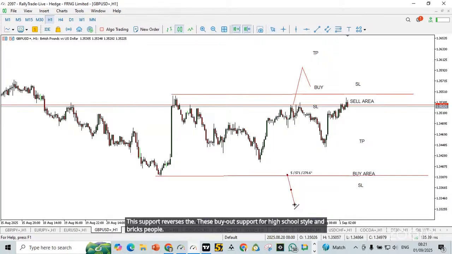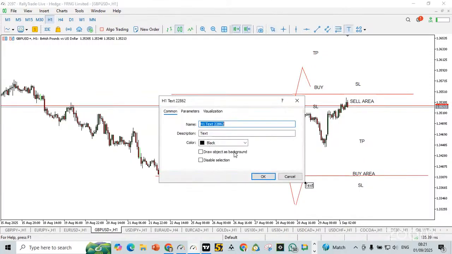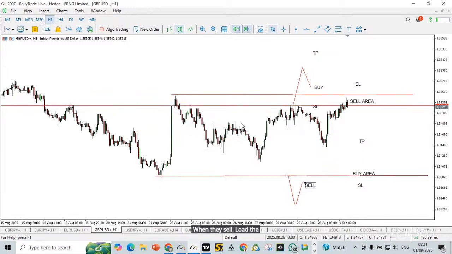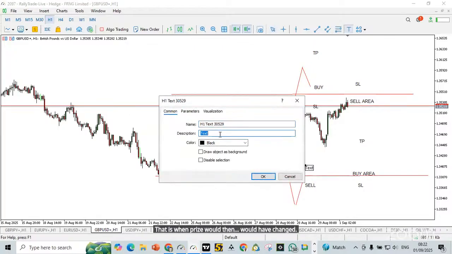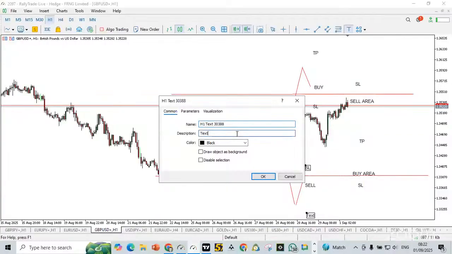Your re-entry module is as simple as a break and retest below, for you to then go on the sell and sell below the broken support. That is when price would have changed support to resistance. I believe that we understand that.